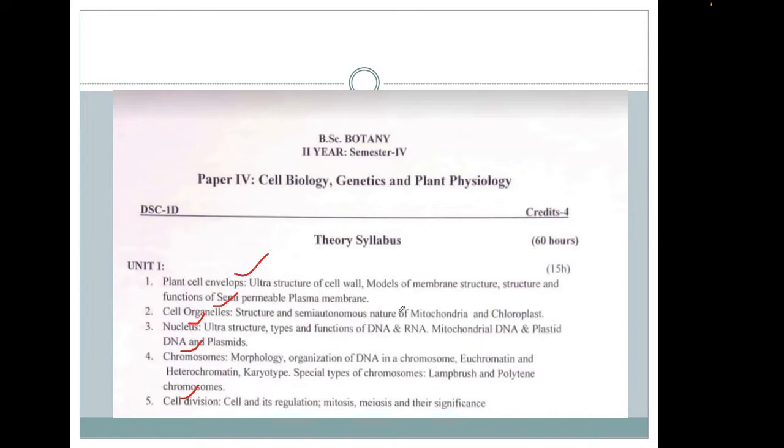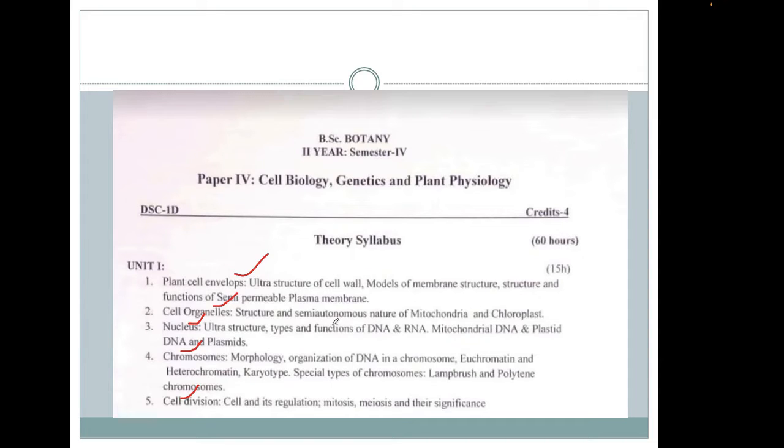semi-autonomous nature of mitochondria. And in the nucleus subunit, ultrastructure, types and function of the DNA and RNA, mitochondrial DNA, plastid DNA and plasmids. In chromosomes, morphology, organization of DNA in chromosomes, euchromatin and heterochromatin, karyotype, special types of chromosomes, Lampbrush and Polytene chromosomes.